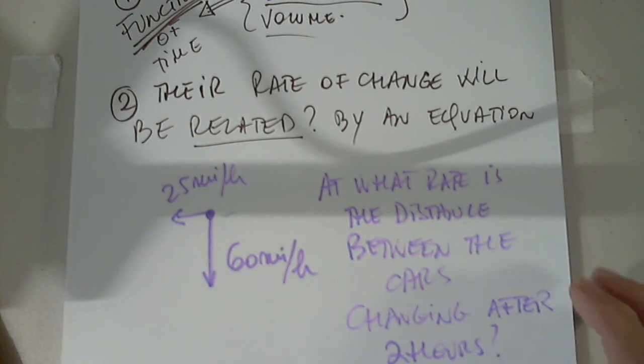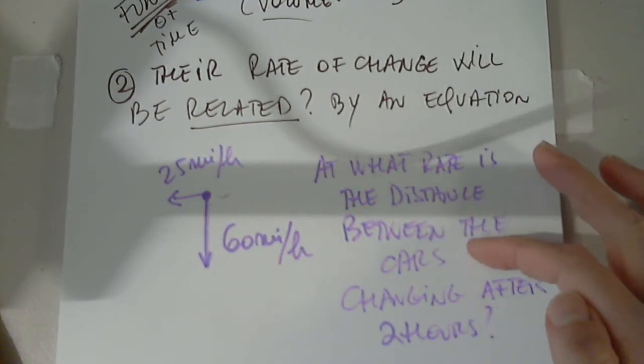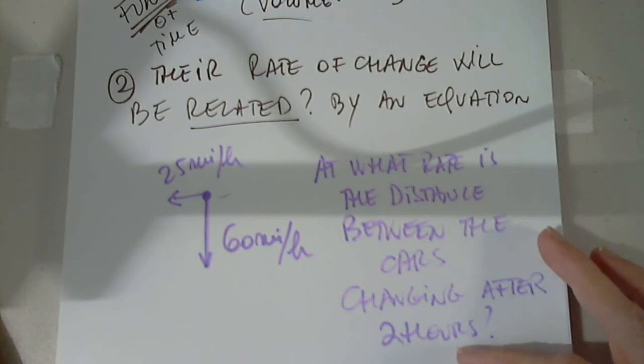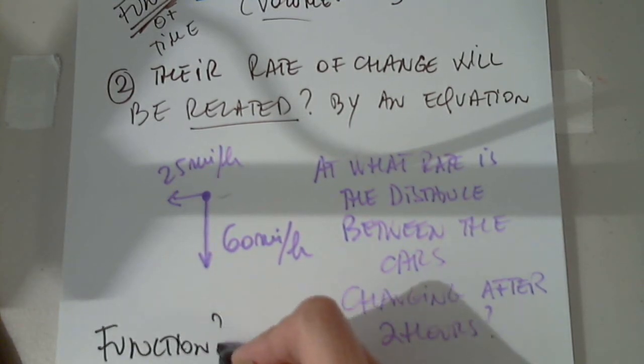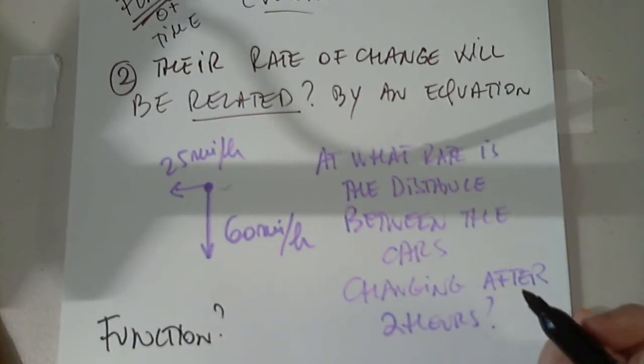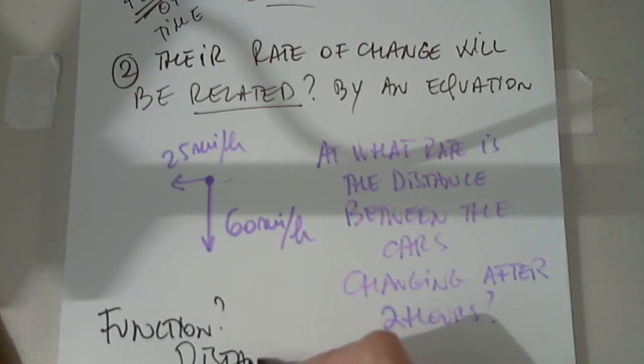Okay. In order to know the rate of change of the distance with respect to time 2 hours later, I have to have a function. A function that depends on time. What function? Well, the function is distance.